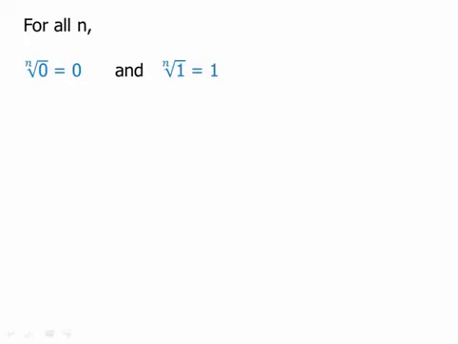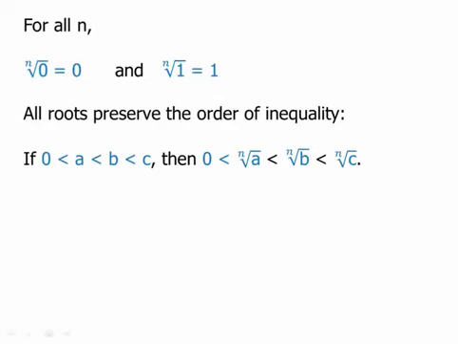So that is true for all values of n. All roots preserve the order of inequalities. So if we have 3 numbers in a row, as long as they're positive numbers, and we take the roots of them, as long as it's the same root we're taking of each number, then they remain in that same order of inequality.